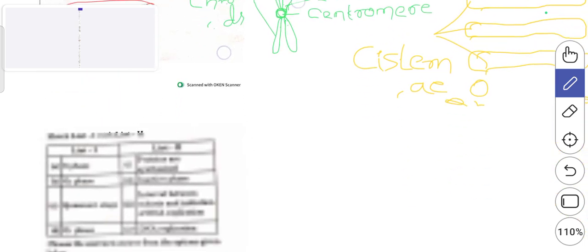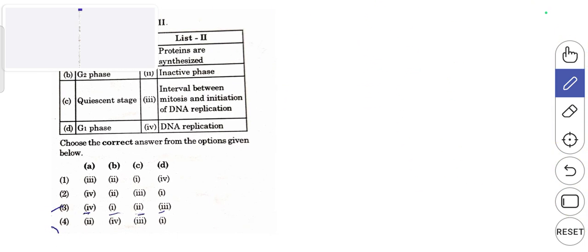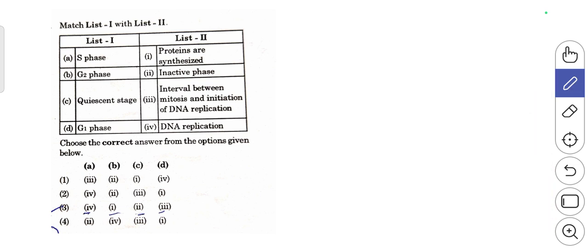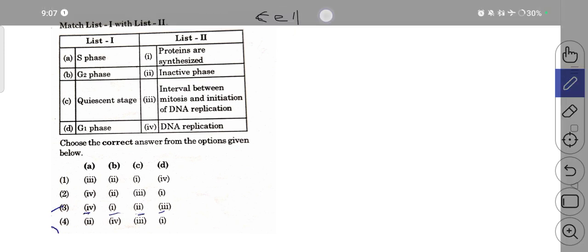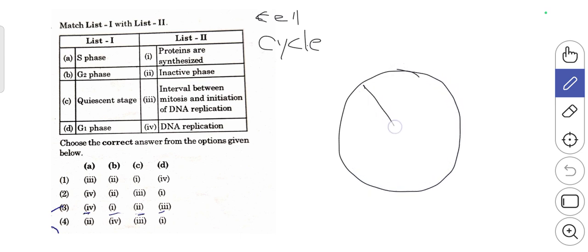We'll discuss the next one, regarding the cell cycle. This question is basically from the chapter Cell Cycle and Cell Division. I will draw a small diagram here. Consider this as a cell cycle structure.